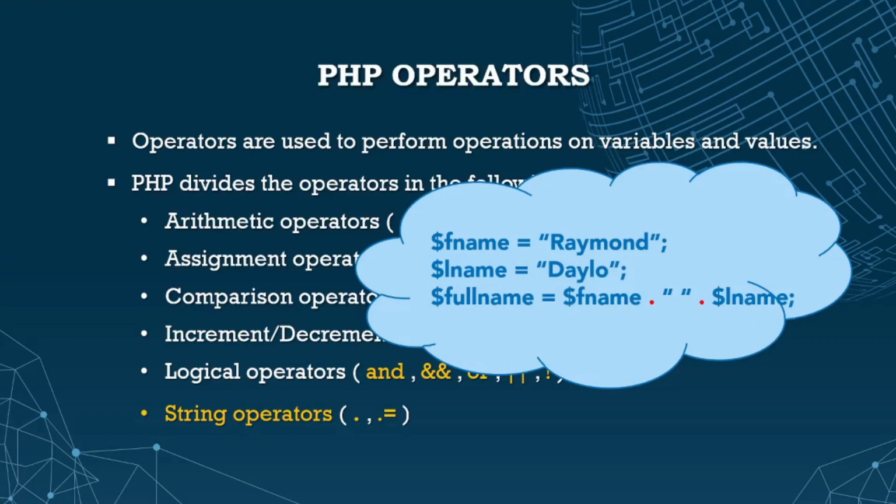So to do that, we need to use the concatenation operator, which is one of the string operators. So yung mangyayari nito, si Raymond na value and Dilo na value will be joined together. And naglagay din ako dito ng empty string with having a space in between para once they connect to each other or join each other, magkakaroon po ng space sa gitna nila. So, hindi po parang magdidikit. Okay? So that's how concatenation works.